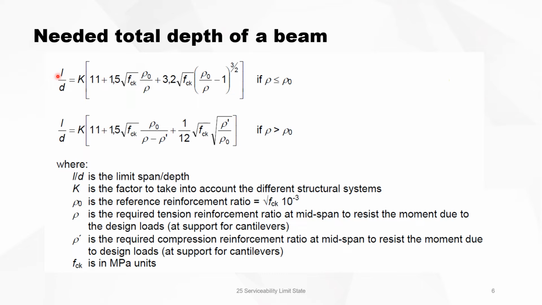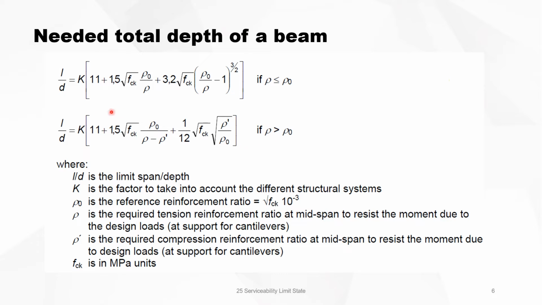For slenderness, if you do not want to go to very large calculations, you can estimate the needed slenderness, L over D, with this formula. If the ratio of reinforcement is smaller than the ratio rho 0, which is the square root of fck divided by 1000, so for not very strongly reinforced beams, then you can use this formula.